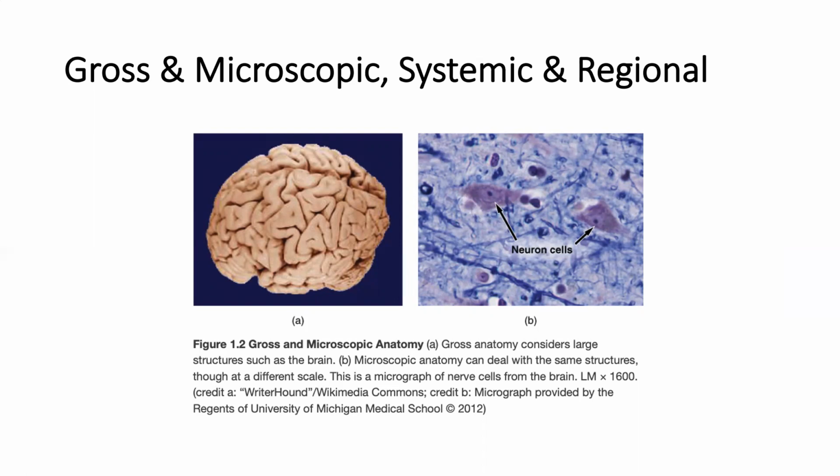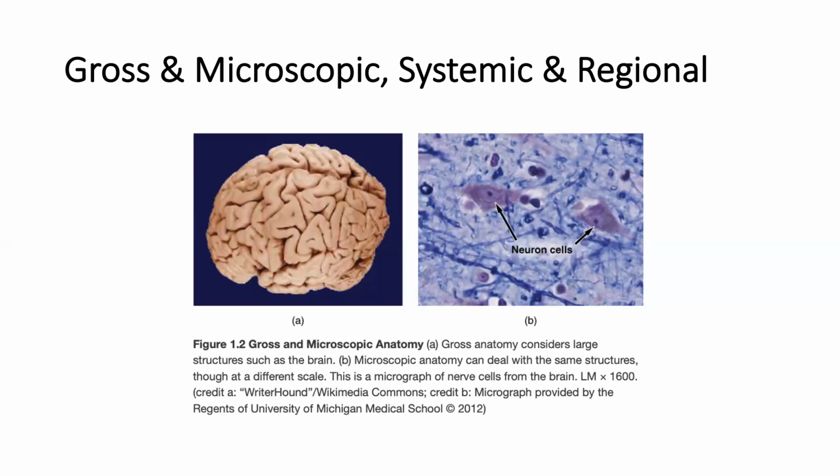Some anatomists want to describe anatomy as systemic. For example, if we do the cardiovascular system, cardio means heart and vascular means blood vessels, that makes systemic anatomy. But if we are going to dissect through the chest wall and the thoracic region, in our thorax, in our chest, we have the heart and lungs.